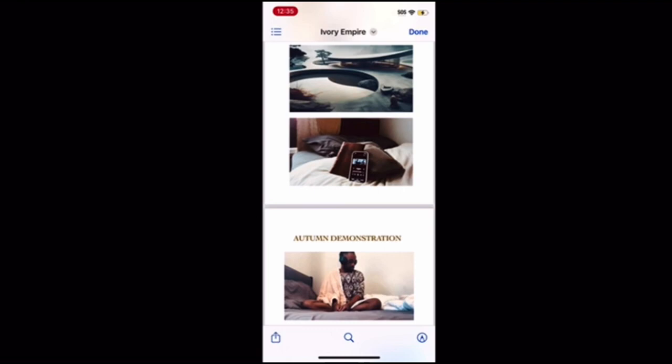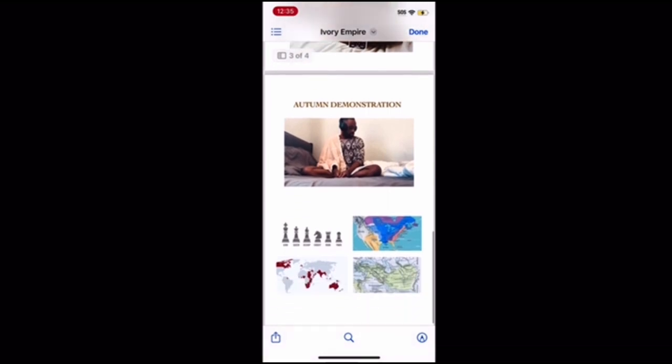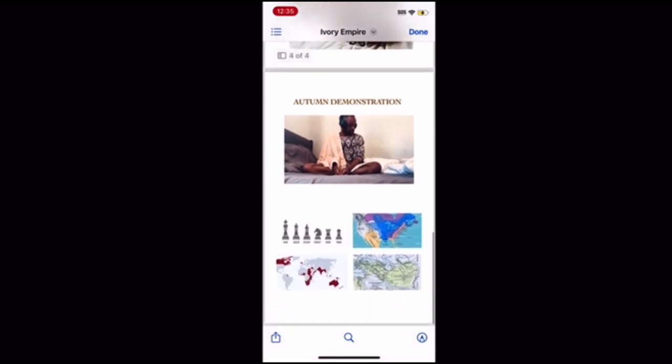And as I'm also constructing the Ivory Empire, the six points on the Star of David represent in this design the six waves of British colonization, because the British also colonized Persia.